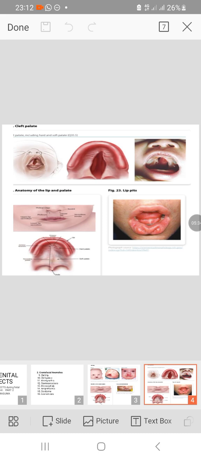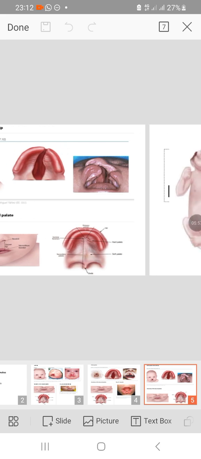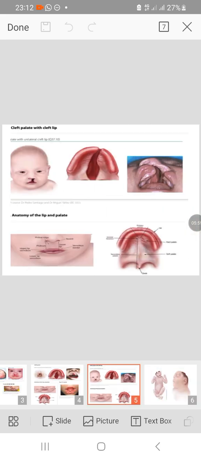Therefore, there will be no joining of those two separate layers. This is cleft palate. Sometimes there can be cleft palate together with the cleft lip, and it's corrected surgically.